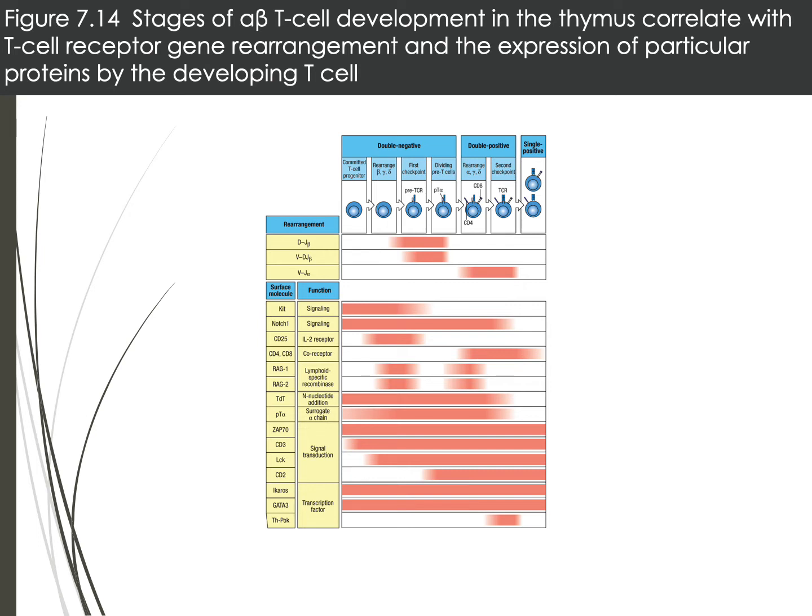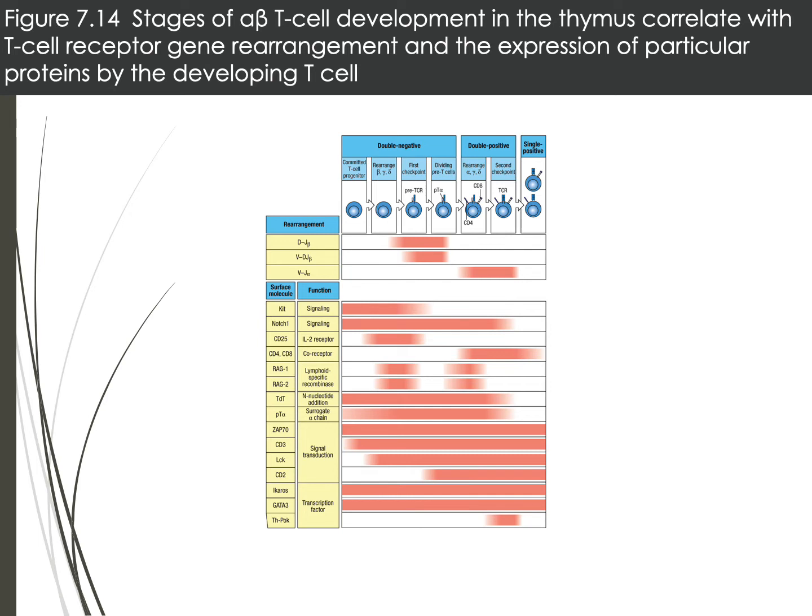We can also see changes in expression of additional molecules. We can see Notch1 has come up and continues to be expressed, showing T cell commitment. And we can see a number of signal transduction pathways and transcription factors, because these cells are very active in taking that DNA, splicing the DNA, and expressing the T cell receptor genes.